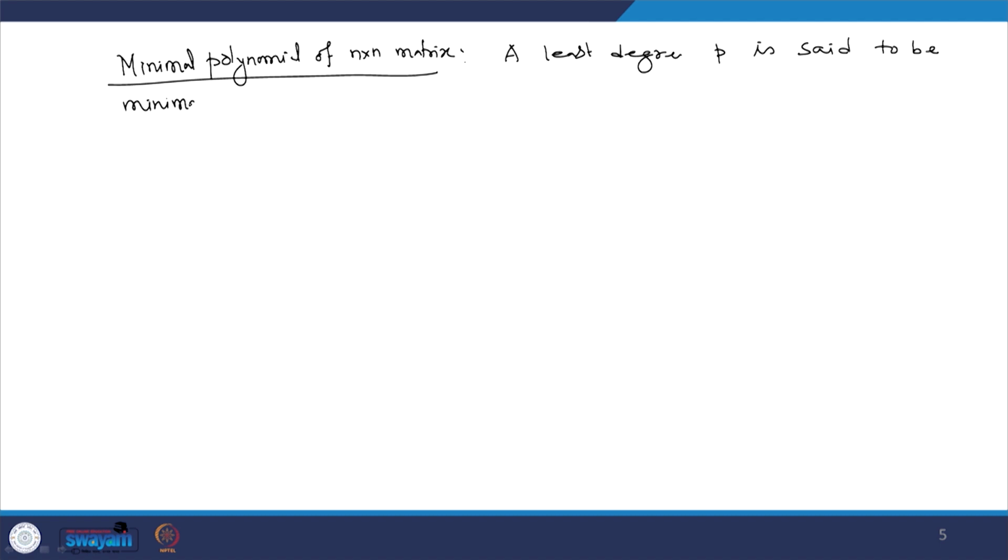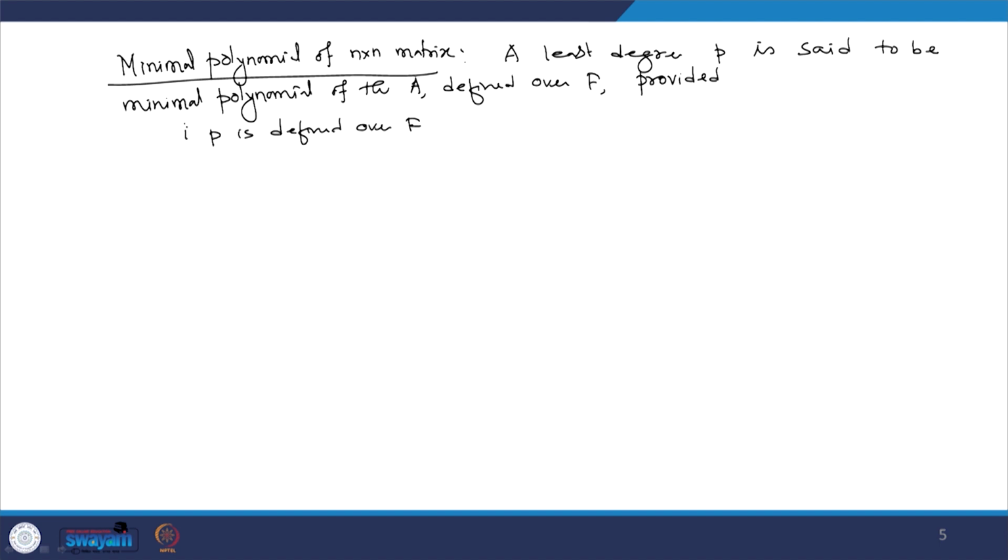Of an n cross n square matrix A, a least degree polynomial P is said to be the minimal polynomial of the matrix A defined over capital F, provided first, P is also defined over F. Second, P of A equal to 0.